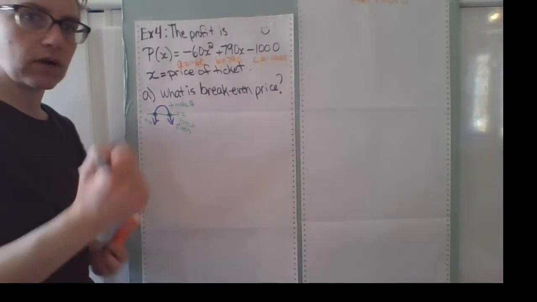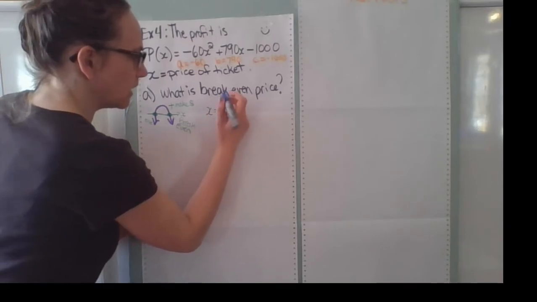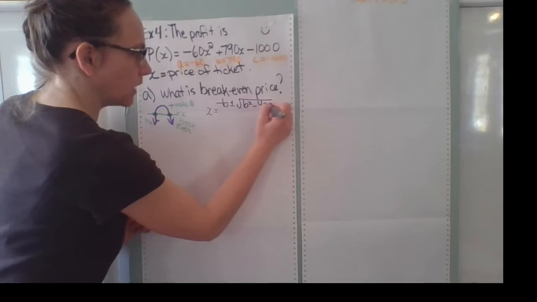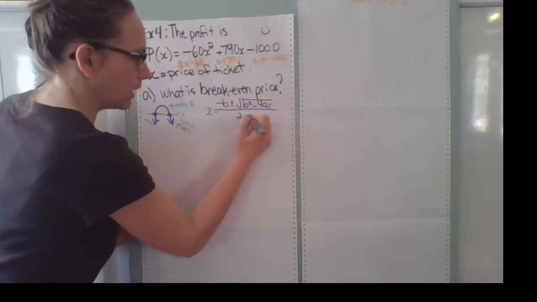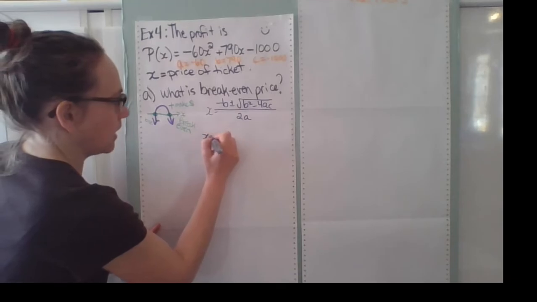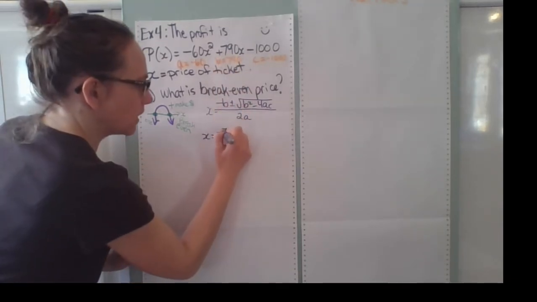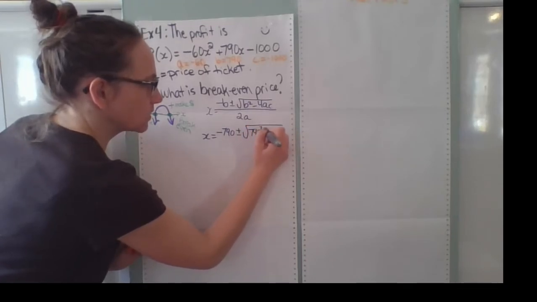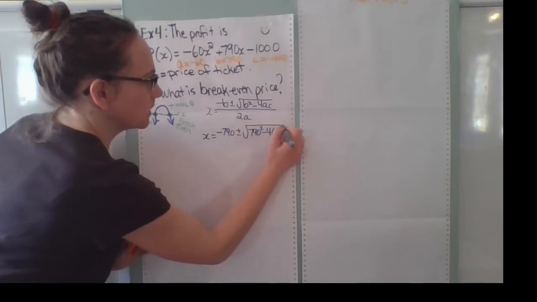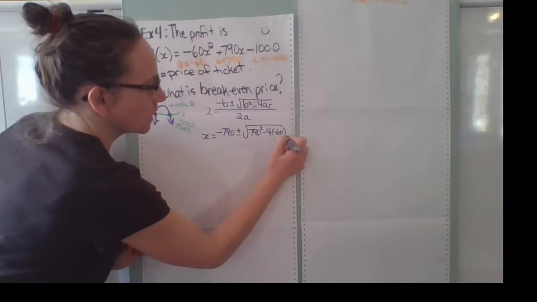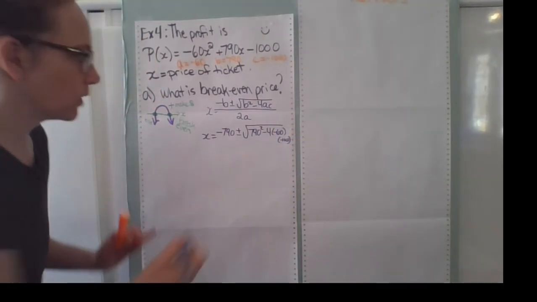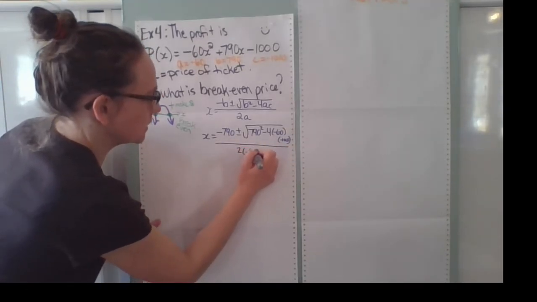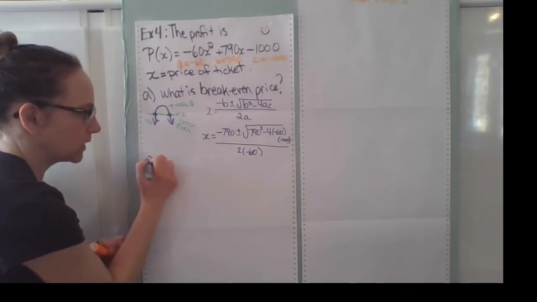We're going to pop those into our quadratic formula, which is negative b plus or minus square root of b squared minus 4ac, all over 2a. x equals negative 790 plus or minus the square root of 790 squared minus 4 times negative 60 times negative 1,000, all divided by 2 times negative 60. Sorry, I made that a little small. I'm going to start over here, give myself a bit more space.